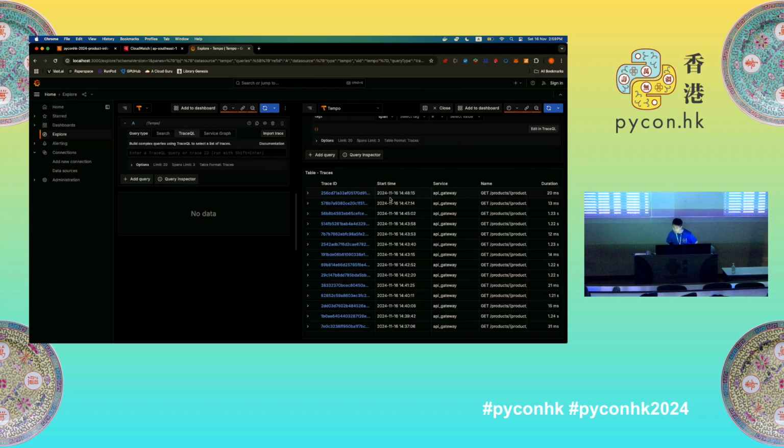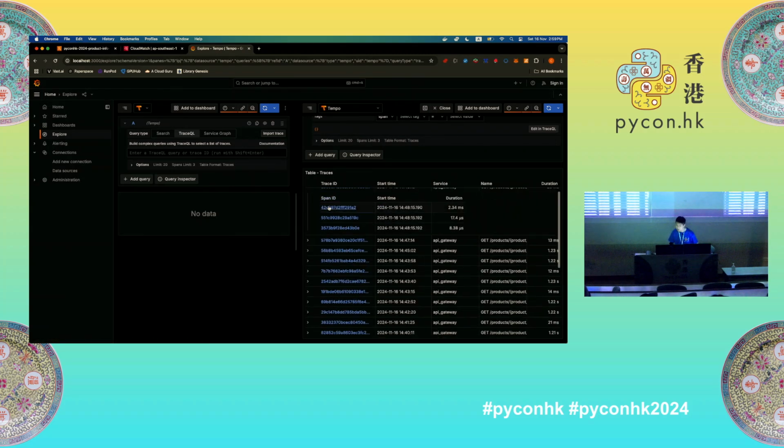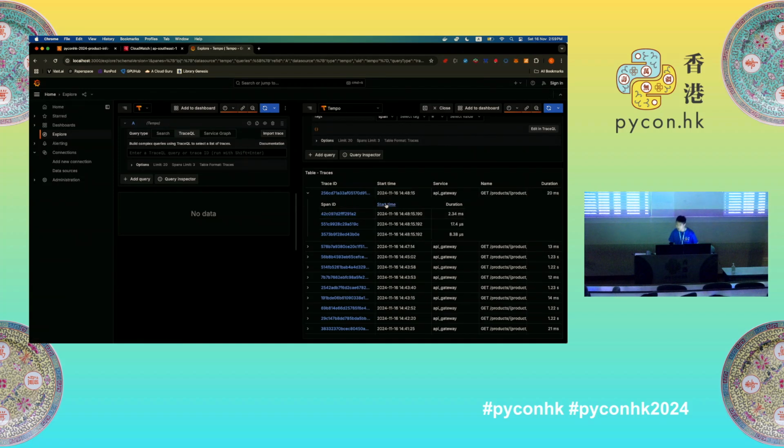Just now you can see that there are a lot of trace IDs, and underneath there are span IDs. Those are the things I mentioned: the trace means a single process, and the span means those processes at the microservice level.